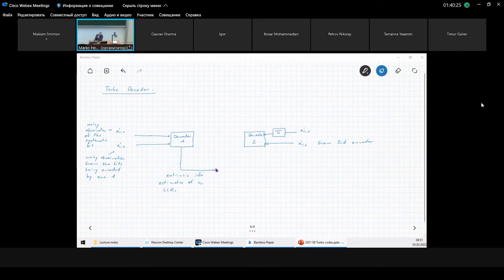So if I want to make this align, I need to interleave my results here, to make the order match. And then my decoder 2 can use this information. So this one gets it as a priori information.